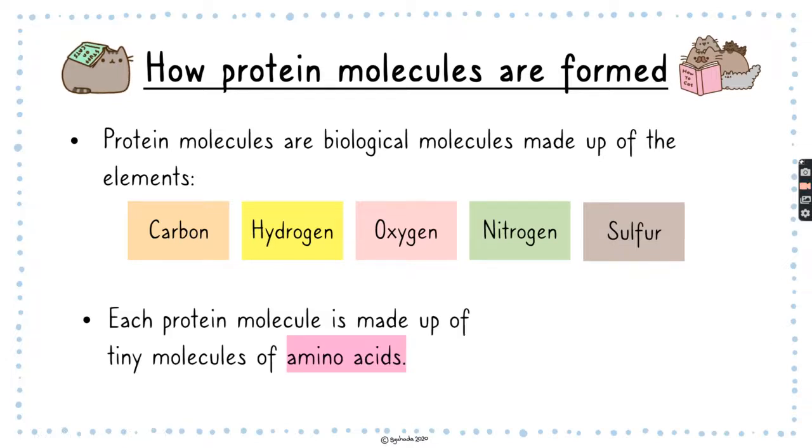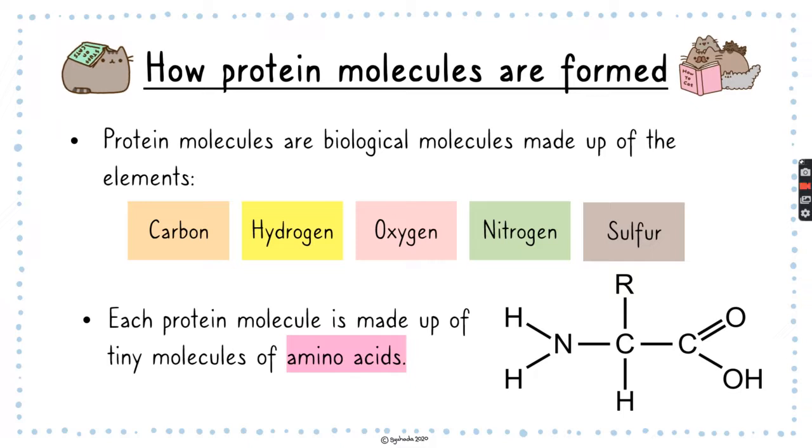Each protein molecule is made up of amino acids, tiny molecules of amino acids. So this right here is one molecule of an amino acid. And you can see here you have carbon, nitrogen, hydrogen, oxygen, and right here the R group can contain the sulfur.